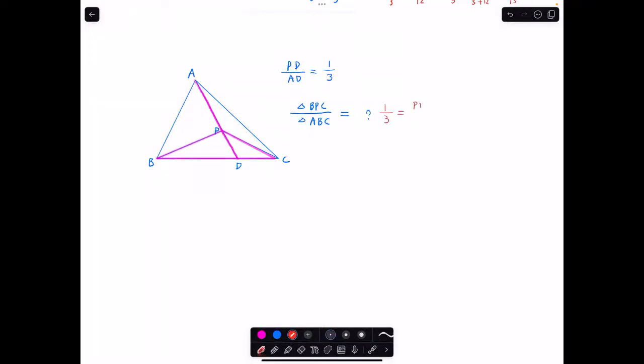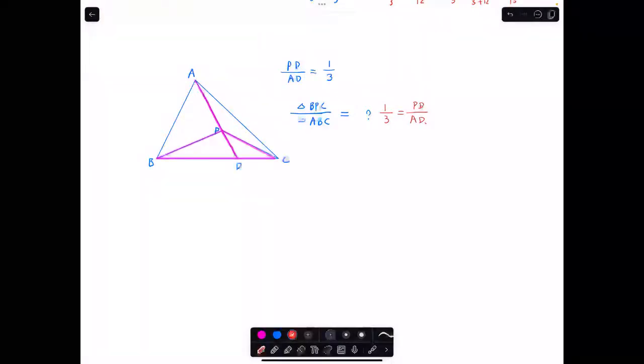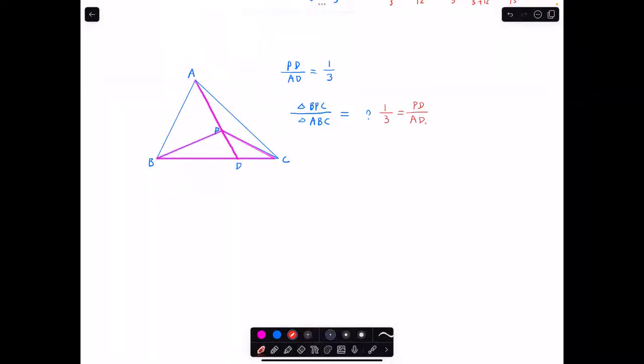So it's of the same ratio here. How do you prove that? Also an exercise. This is based on the original simple fact.